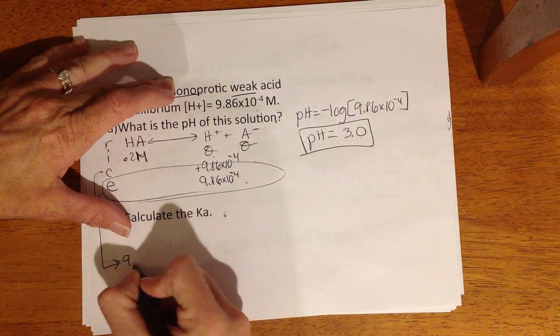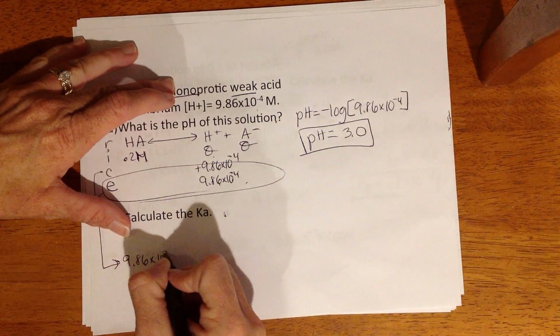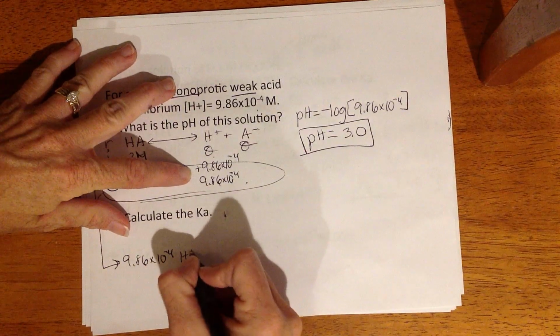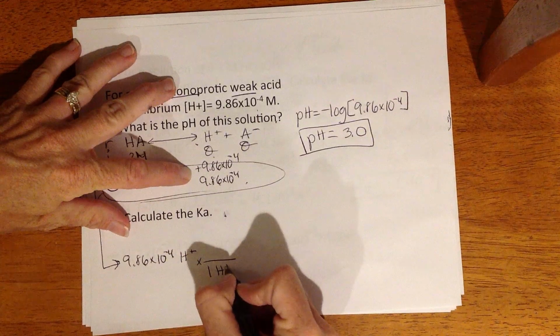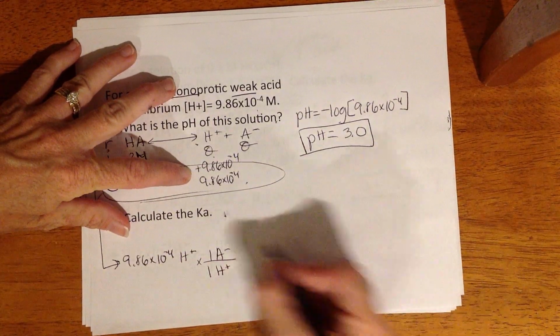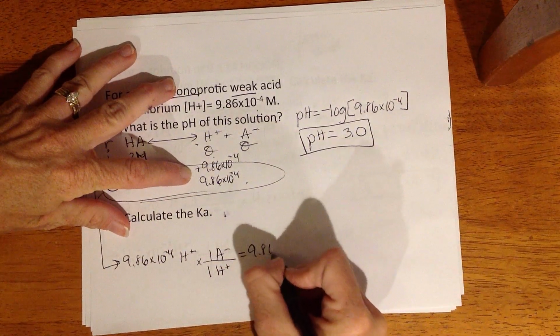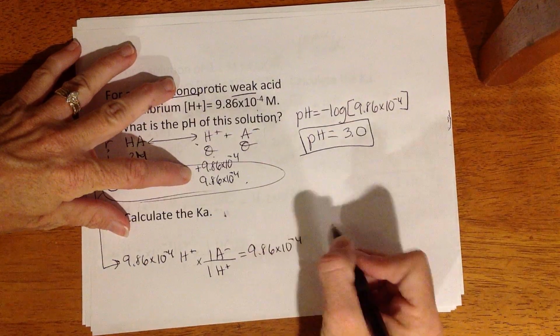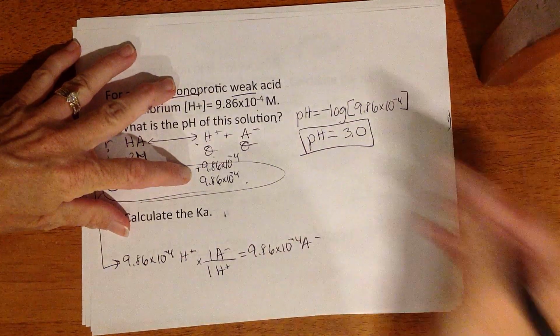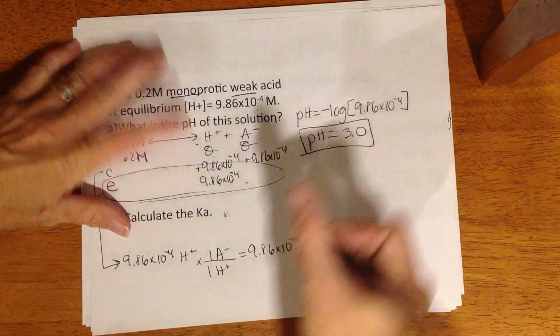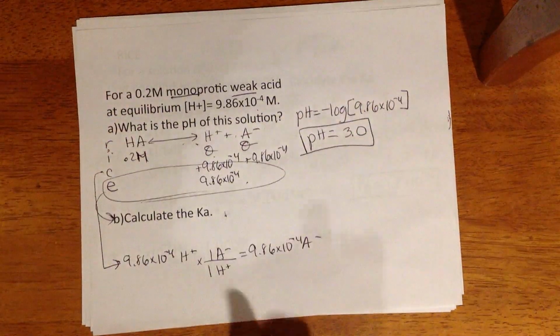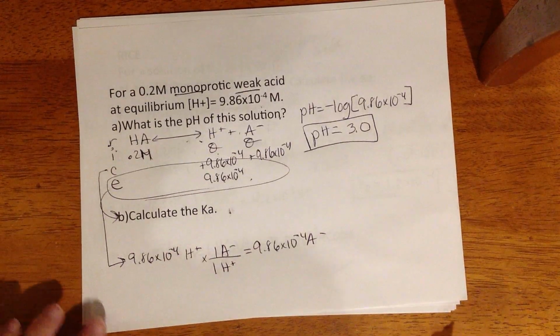If I went up 9.86 times 10 to the minus 4th of the H, and the H and the A react in a 1-to-1 ratio, I'm just proving what some of you already have in your head. If the coefficients are 1, these are really easy. If the coefficients are not 1, it's kind of a bugger.